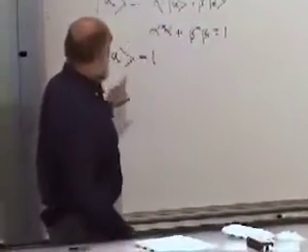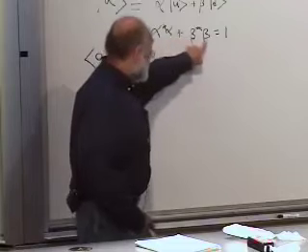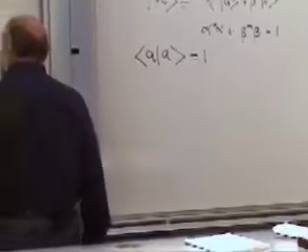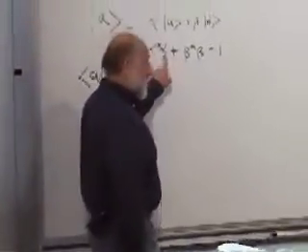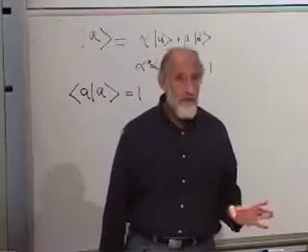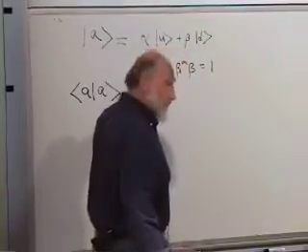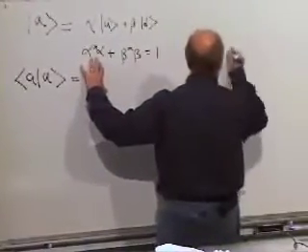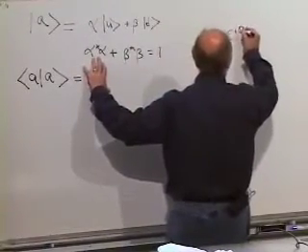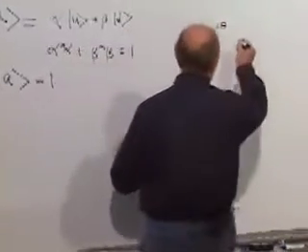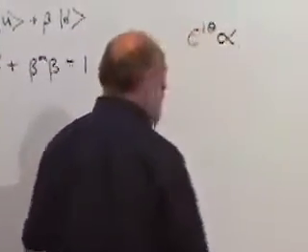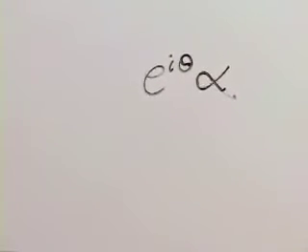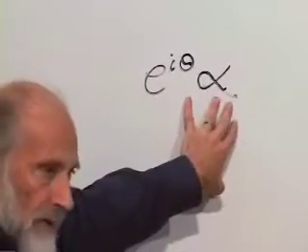Now those probabilities, of course, do not completely determine the complex numbers here. Why not? Well, if I multiply any complex number by a pure phase, it doesn't change its magnitude. If I take a complex number and multiply it by e to the i theta, where theta is any angle, I get a new number whose magnitude, whose alpha star alpha, is exactly the same as the original starting number.